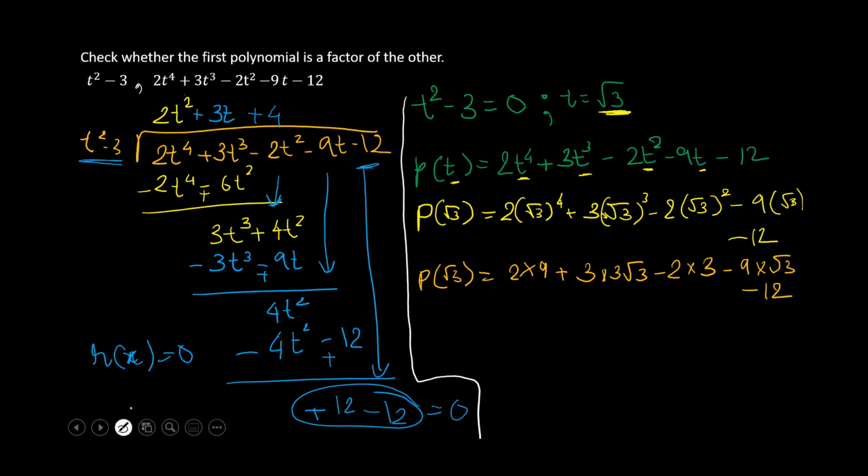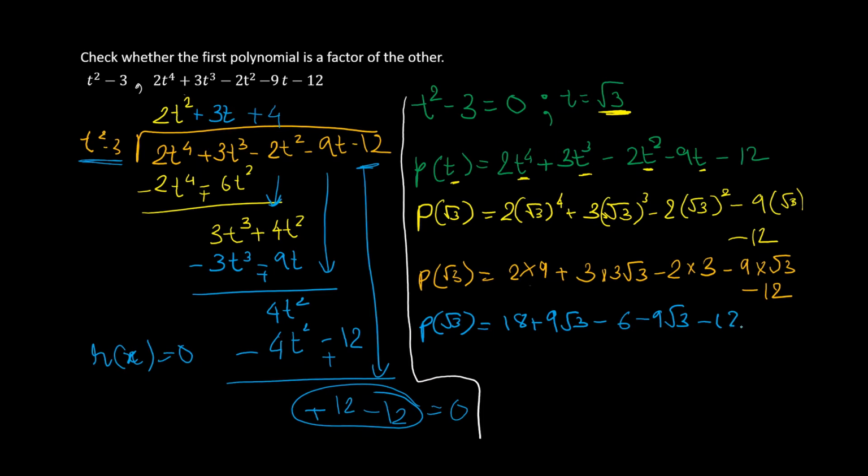Okay, so let's further solve this. So now we know p of under root 3 is 2 nines are 18, that's plus 3 threes are 9 under root 3. Then we have minus 3 twos are 6, and we have minus 9 under root 3 and a minus 12 here.